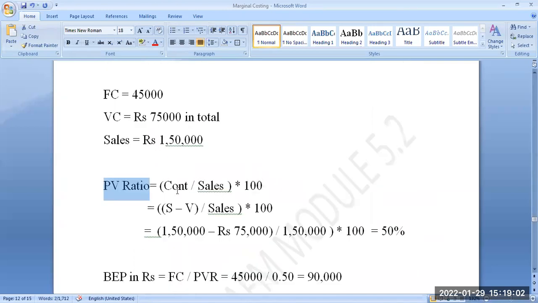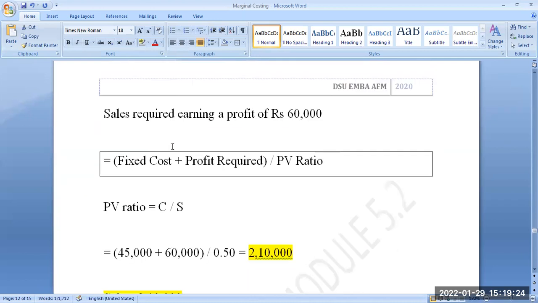That's why a little confusion. If variable cost is 75,000, contribution is also going to be 75,000 because sales is 1,50,000. So PV ratio is 50%.